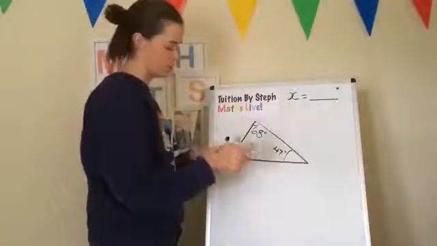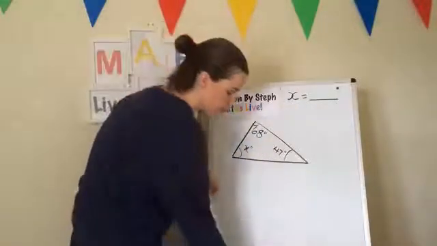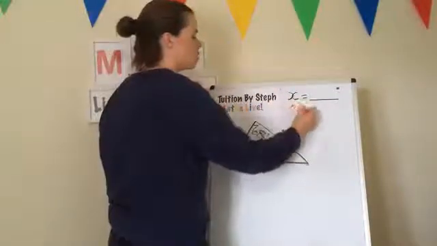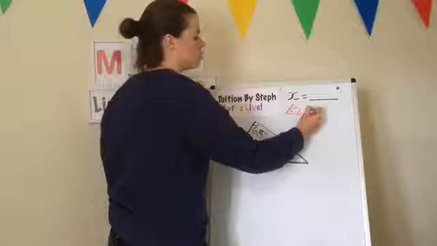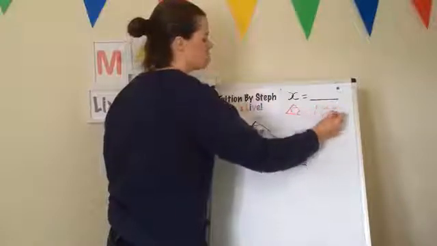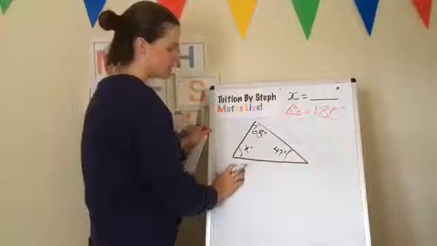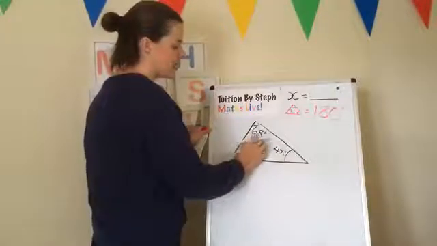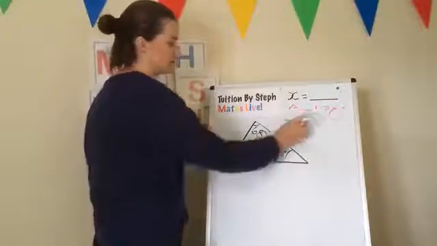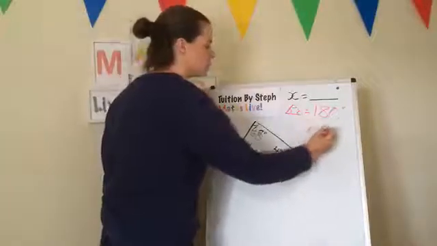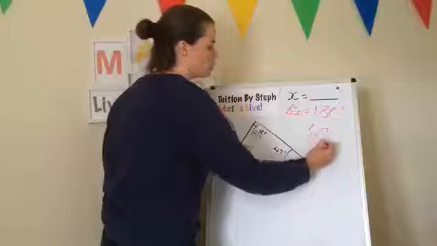How do we do this? We need to remember the fact that all three angles in a triangle add up to 180 degrees. That's just a fact that you need to remember. So to find angle X, we know that 68 plus 47 plus X equals 180. So we'll add 68 and 47.